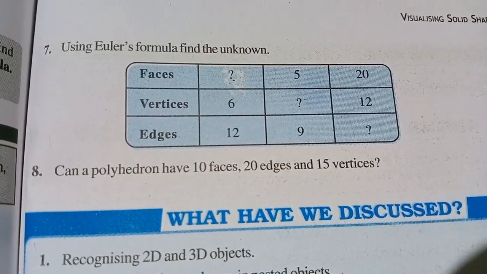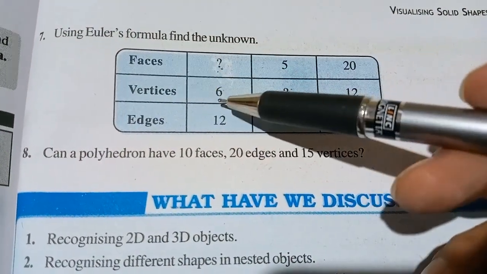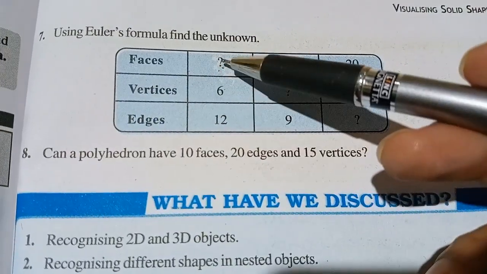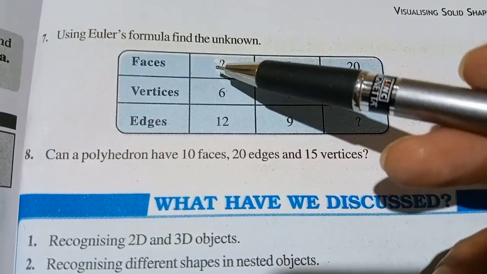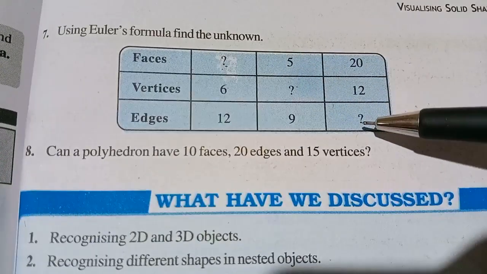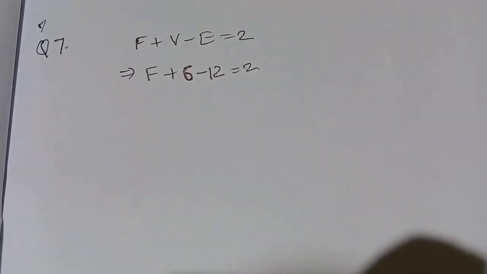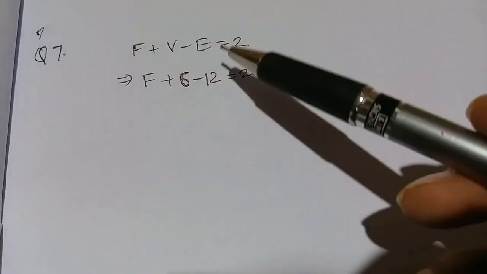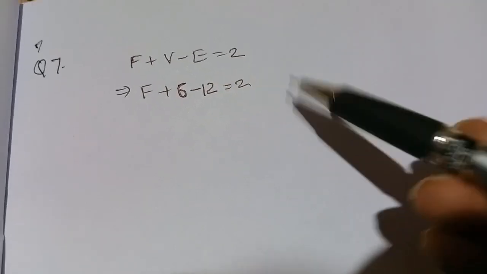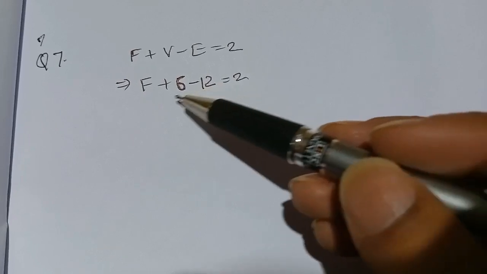So let's do it. Here you have to find the faces. Vertex is given 6, edge is given 12. So for this first case you have to find the f. Second case, here you have to find the v. Third case you have to find edge, that means e. Now here you have to write the formula, f plus v minus e equal to 2. This is the Euler's formula. Now I have to put the value of v here 6, e is 12. Okay, now this is our equation.